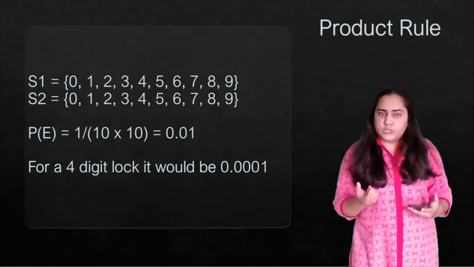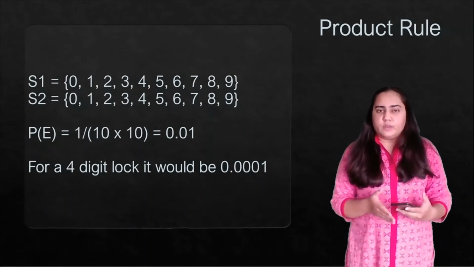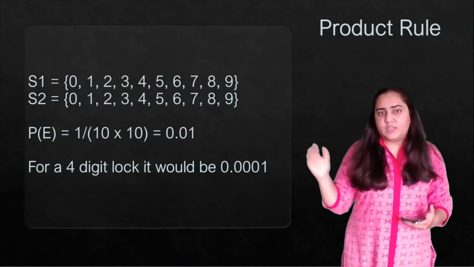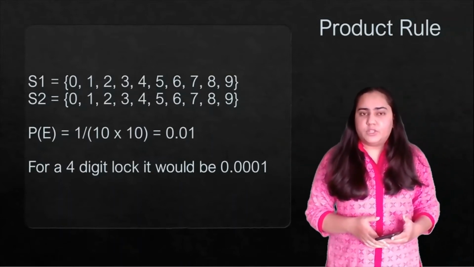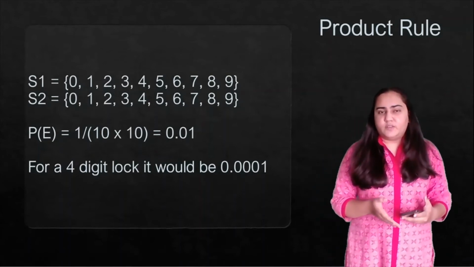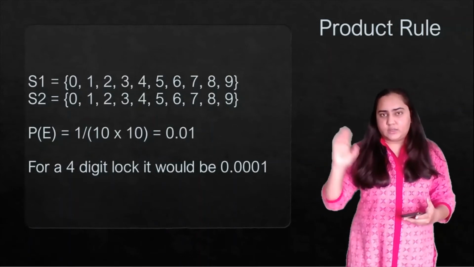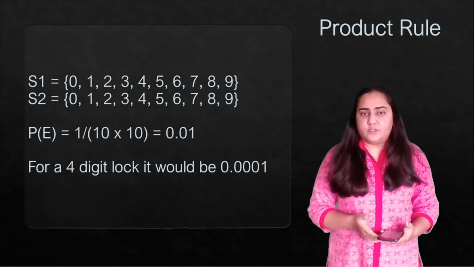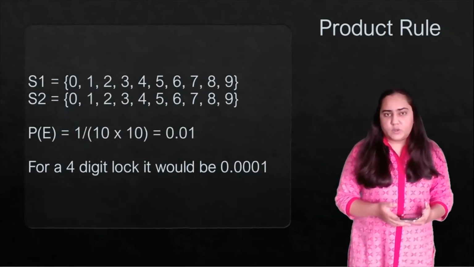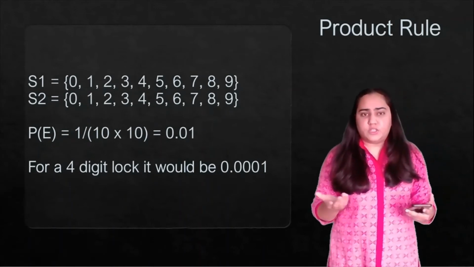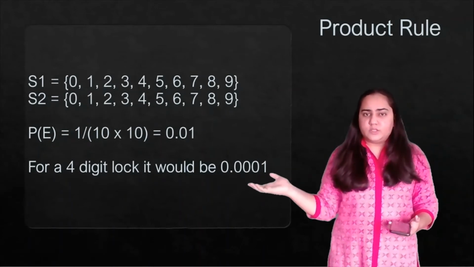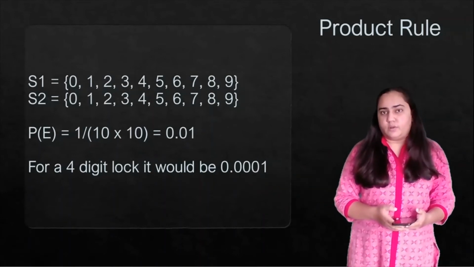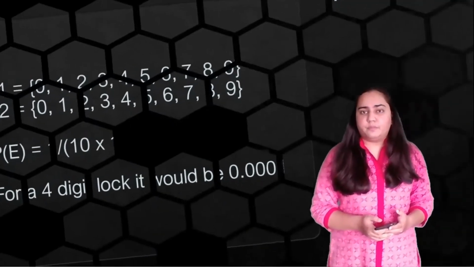And that's why for each digit, the number of possible values is 10, and this is how we can calculate the probability: P of E is equal to 1 divided by 10 cross 10, because there are 10 possibilities each, so it's 1 divided by 100, which gives you 0.01. So if you were working with say a 4-digit lock instead of a 2-digit lock, you'll just increase the number of zeros and it will become 0.0001. So that's the product rule for you.